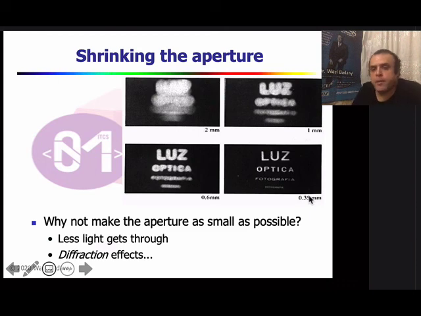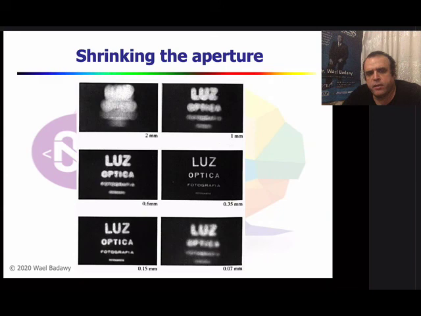Why, if you shrink the aperture, will you see a very focused, very detailed image? Because less light gets through, the diffraction effect from the different lights will not be present, and these are different sizes. If I go to 0.15 millimeter, I will be able to see better.